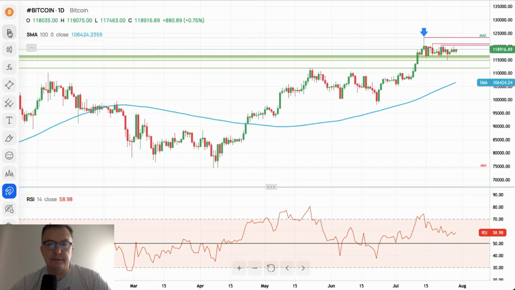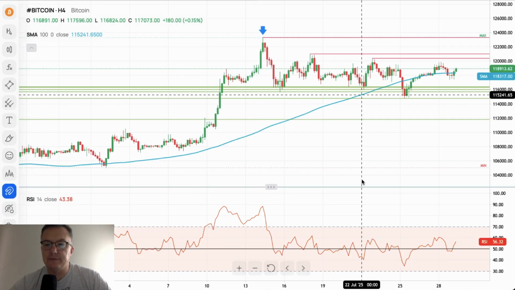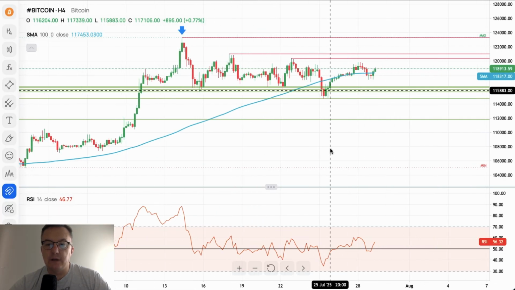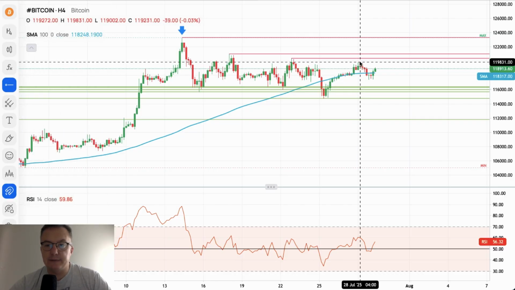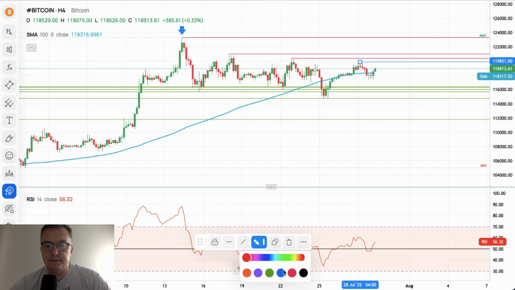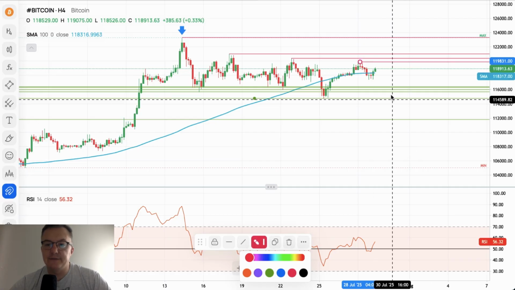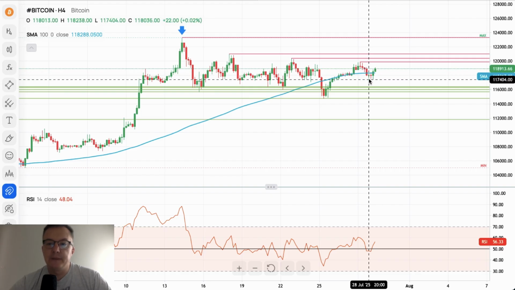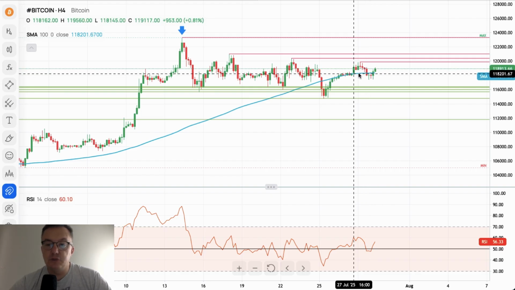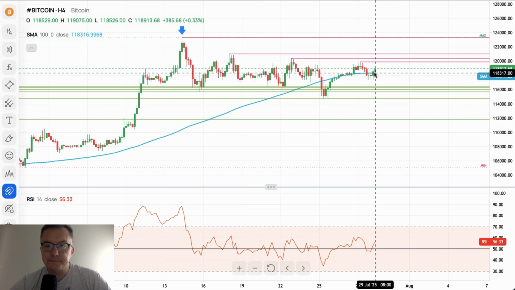Now let's take a look at the Bitcoin. Let's go to the 4-hour time frame chart. Well, the Bitcoin is still struggling with the breakout to the upside. Yesterday's high is lower than the previous day's high, 119,831. We dipped back just a little below the 100 periods moving average, which is right now flat.